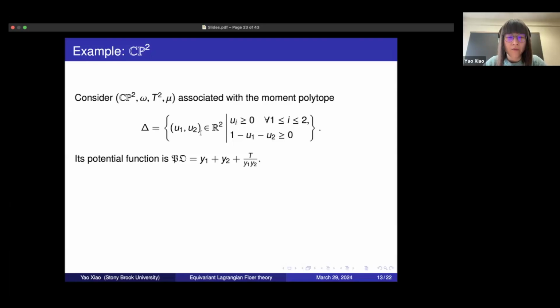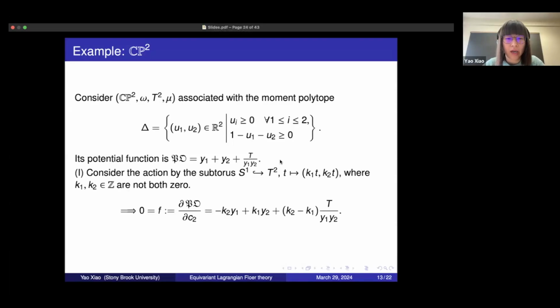Fukaya-Oh-Ohta-Ono have proved that the potential function of such a compact toric Fano manifold can be determined by the facets of the moment polytope. In this case, the potential function would be y1 plus y2 plus t over y1 y2, which we consider as a Laurent polynomial from Lambda star squared to Lambda.